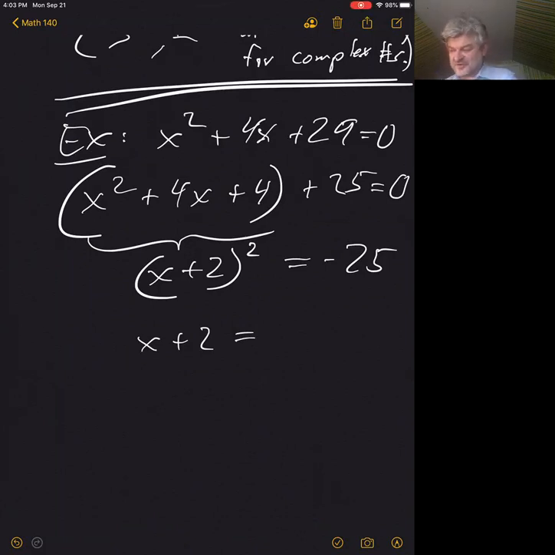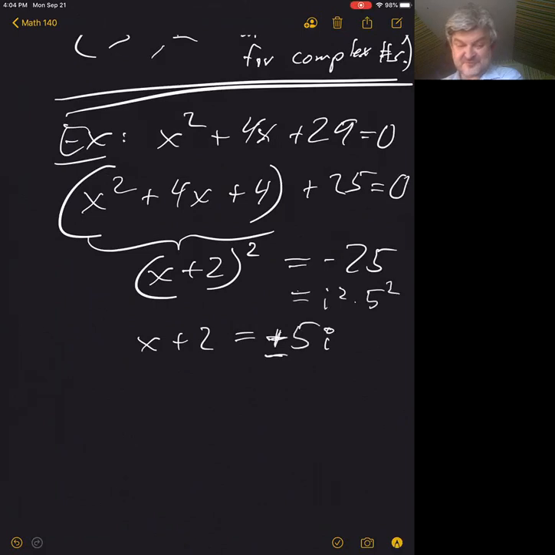If you do know complex numbers, you can say negative 25 is i squared times 5 squared. And so x plus 2 is a square root of that, and you can do 5 times i, plus minus.